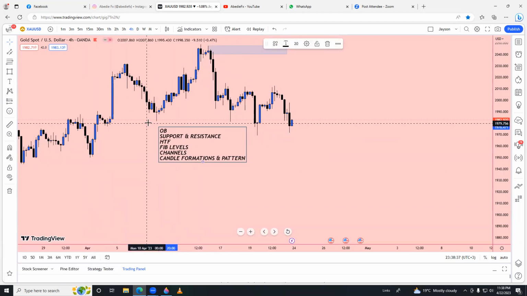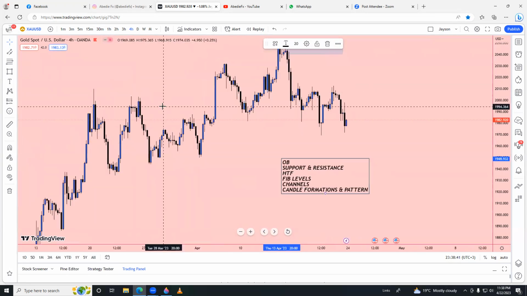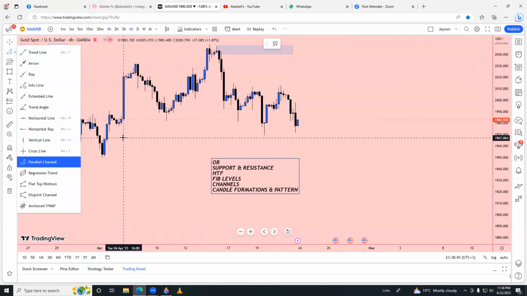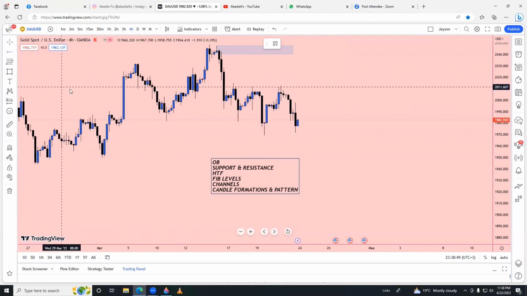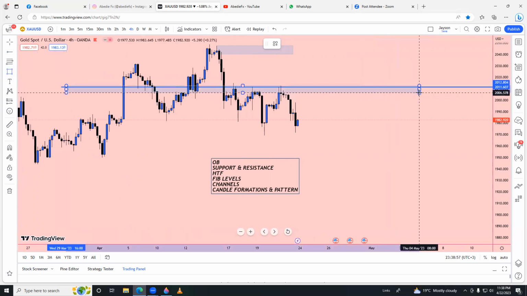So you have the support and resistance, which is the normal support and resistance. As an example, you can highlight support and resistance. You check on, let's say, this one here. This one is a zone, which is a resistance, because every time the market has come to this zone, the price has been rejected.